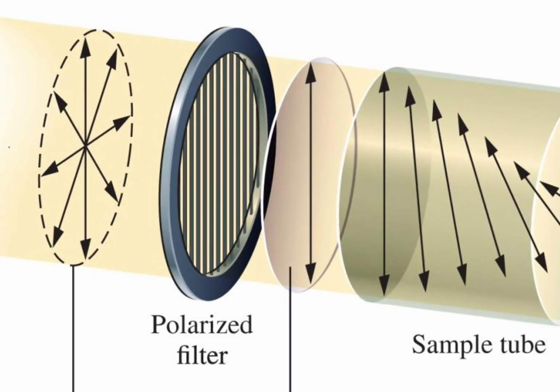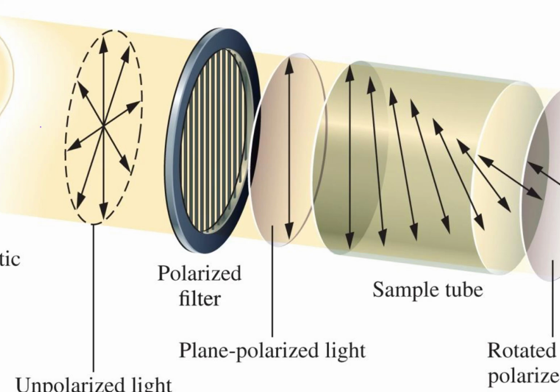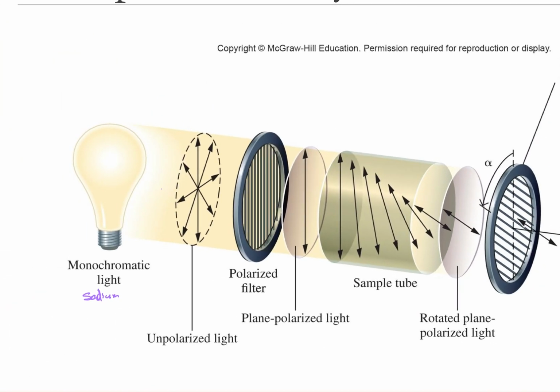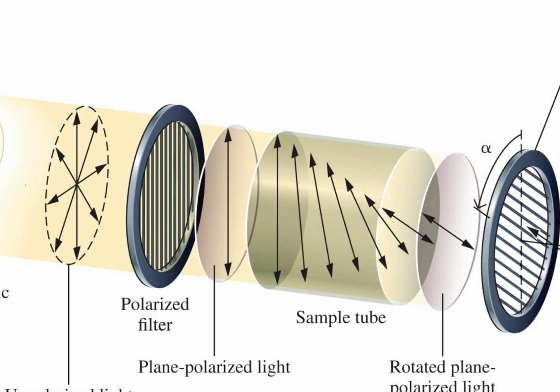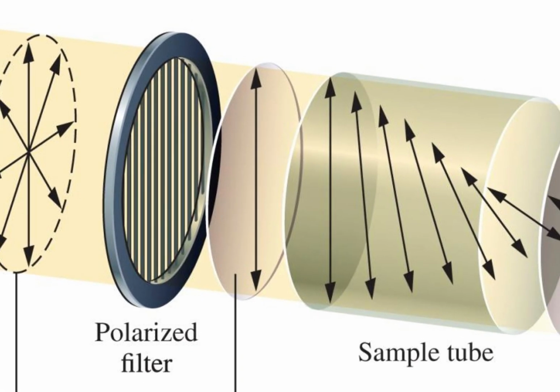But we put a polarized filter in between that light and a sample tube containing the chemical. You see that this polarized filter is essentially a grating, and light can only pass through that grating in one direction. In this case, it would be up and down. So light could pass through that vertically, but it's essentially creating this plane.